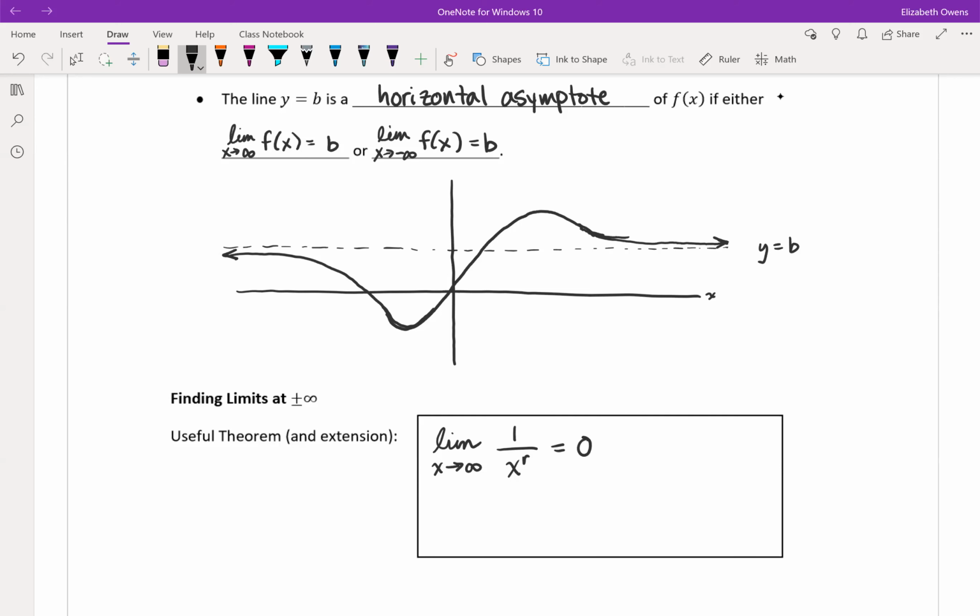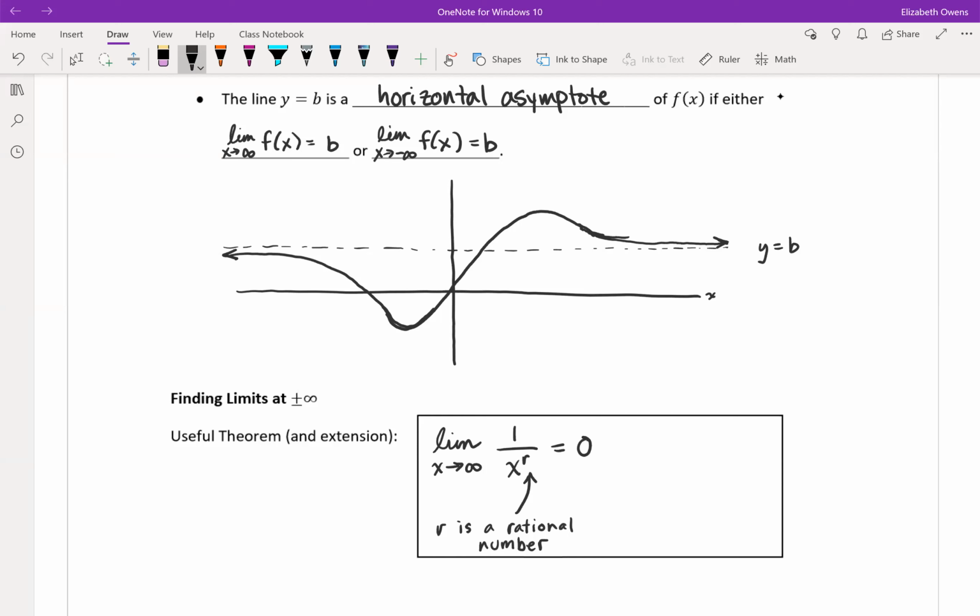Okay, so that is the theorem statement. And r here is any rational number, so any whole number or fraction, anything that can be written in rational form. So this limit is 0.